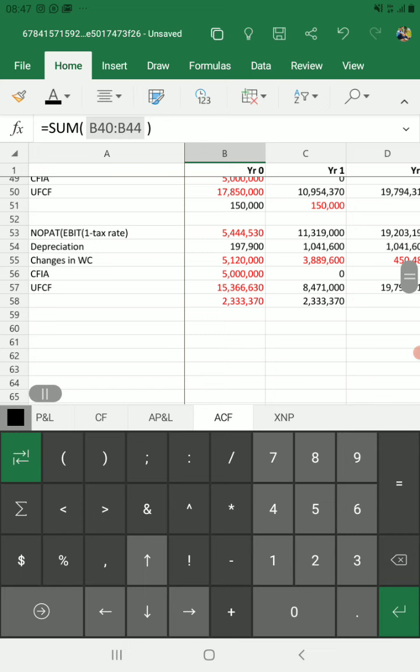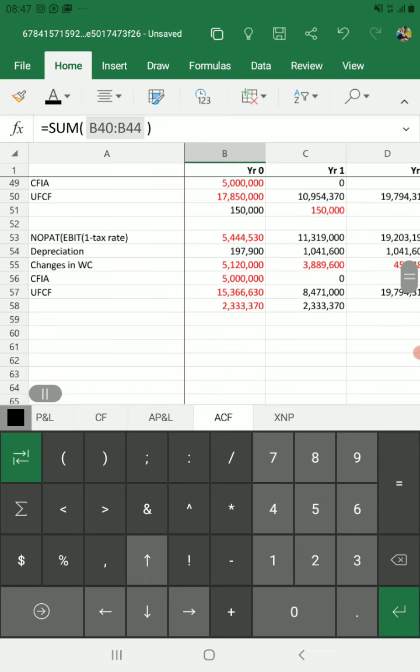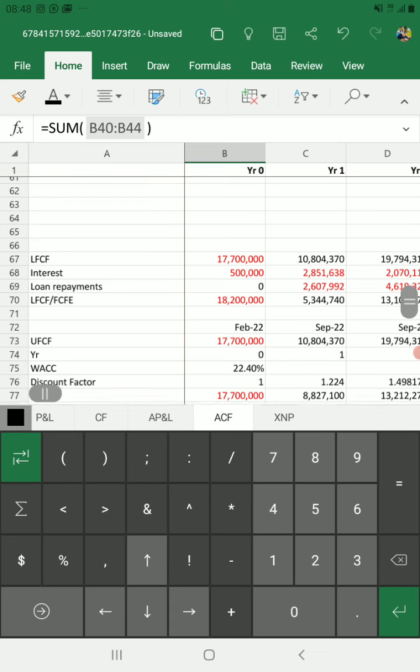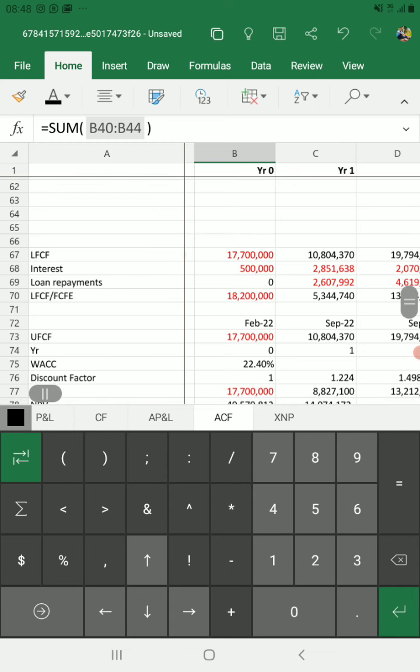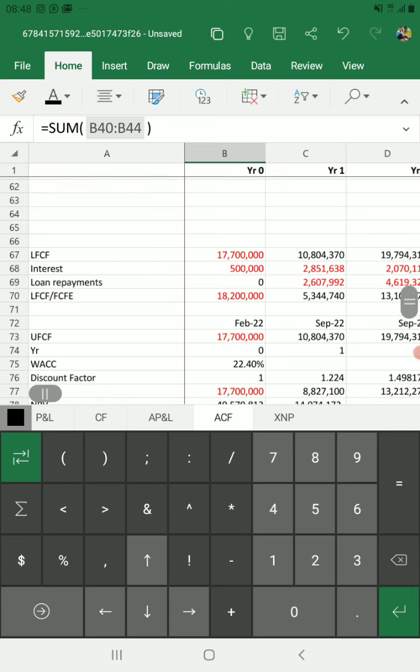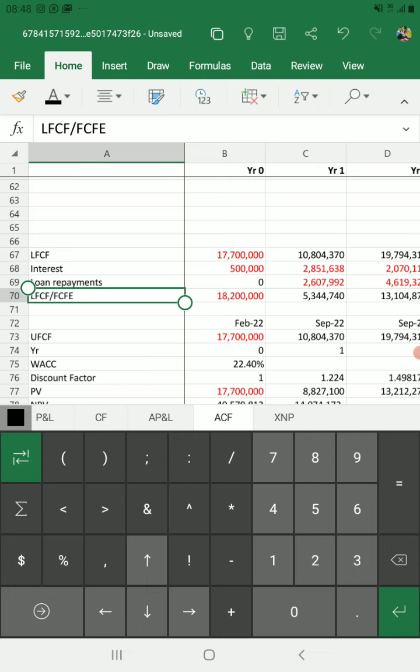So after doing that, now let us come to our valuation using levered free cash flow. Okay, so there are adjustments we need to make in our computation of levered free cash flow we did earlier.